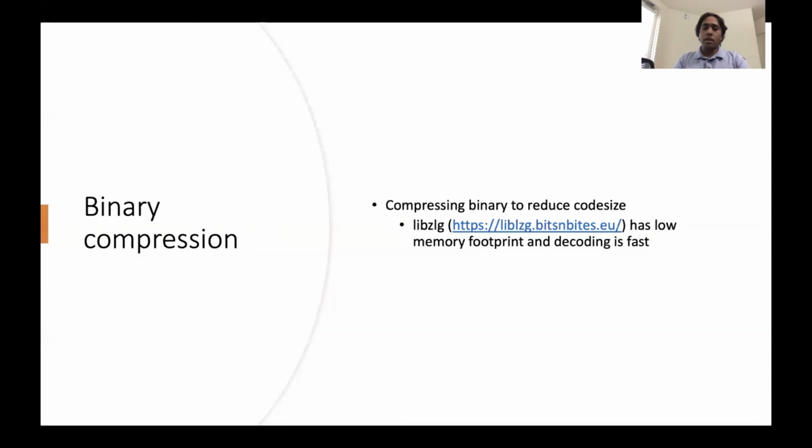This is not my library either, but I have found this through my research. So if the code size issue is getting so troublesome, then you can use this. You can use any other popular compression library, but this has a low overhead, very low memory footprint, and decoding is faster. It may not give you the best compression, but in case code size is a lot of trouble, I would encourage you to try this as well.